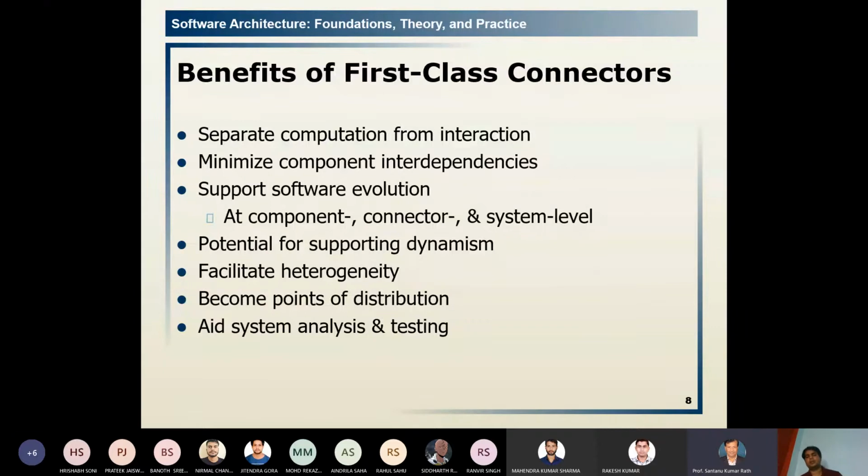Then benefits of first class connectors. It separates computation from interaction. Interaction means transferring the signal, data, or a remote procedure call, so it is not computation. Computation is different: we perform computation by applying our application logic.